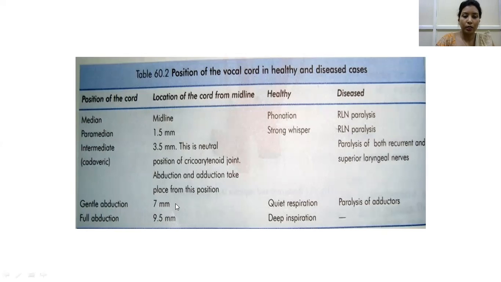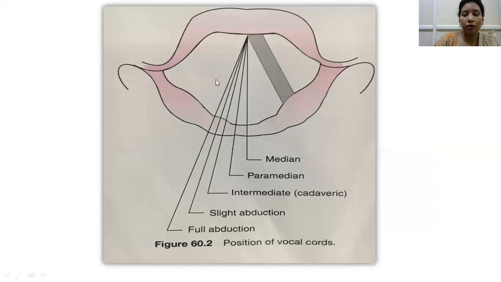So coming back to the question, if both the vocal cords are in cadaveric position, what is the width or distance between the two vocal cords in the glottic chink?